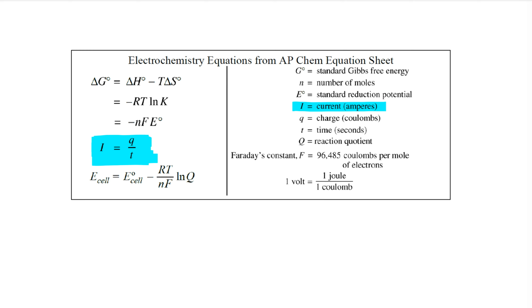How much charge for every second? That's your current, and it just happens to be measured in amps. So I'm going to use that to calculate time, because we just figured out charge. That's the amount of coulombs needed for this reaction, that 3,036 coulombs that we want. So we're going to go back and calculate the amount of time in seconds.